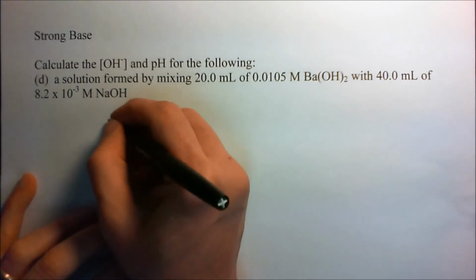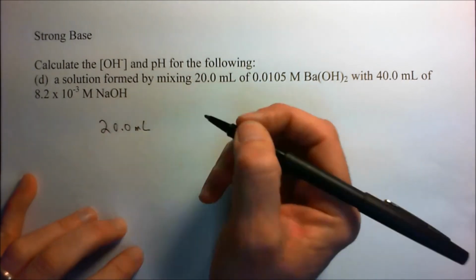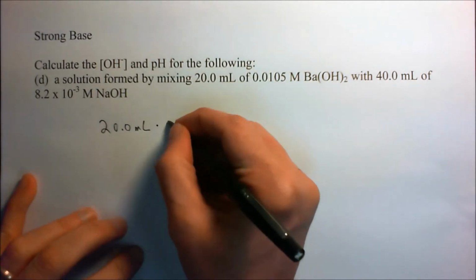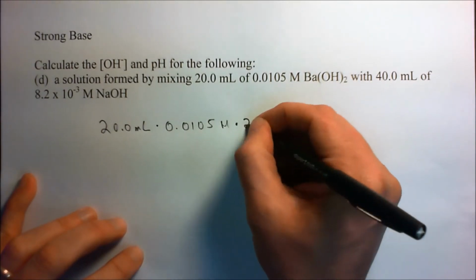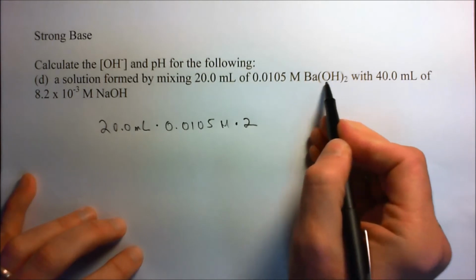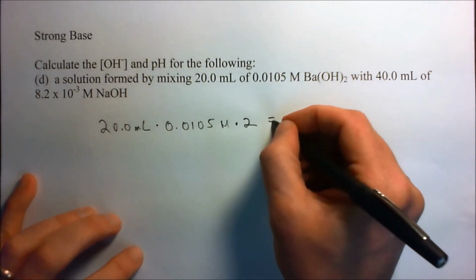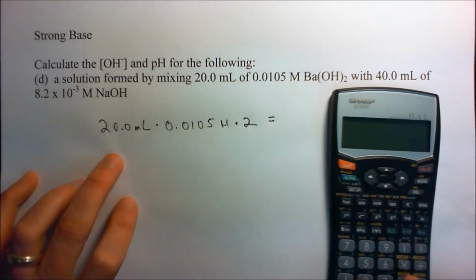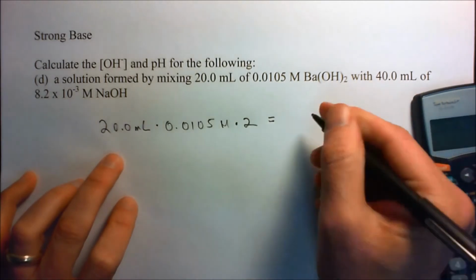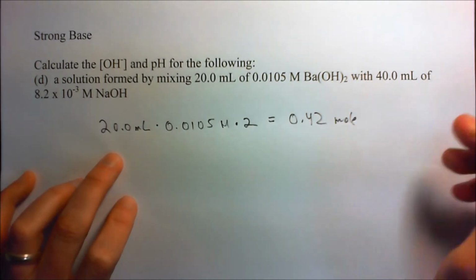First off, let's get the number of moles: 20.0 milliliters times 0.0105 molar times 2, because we're calculating the OH concentration and there are 2 OHs. That gives us 0.42 millimoles OH minus.